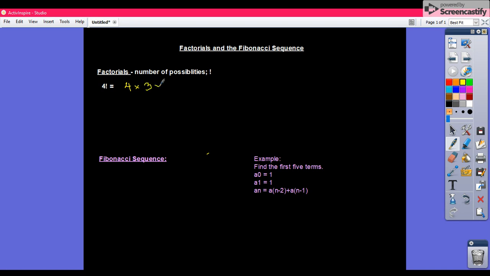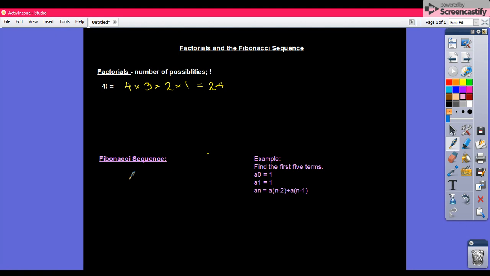So 4 times 3 times 2 times 1, and that should give you a total of 24. So whether you are doing it by factorial or just so you know what factorial means, you should get a total of 24, which means if you have 4 flat tires, there are 24 different combinations to changing those 4 flat tires.